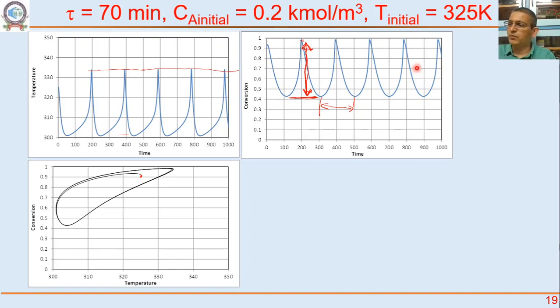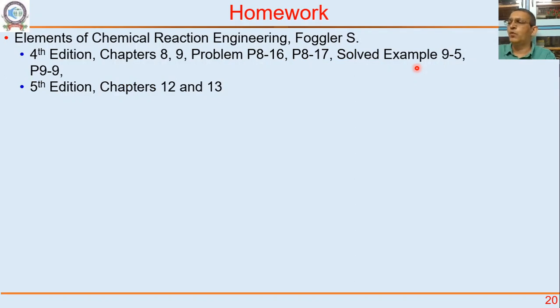That's why this part is called real life reactors. Just to give you some more material to read, some problems. If you read Fogler's book, 4th edition, we are on chapters 8 and 9. You can solve these two problems, problem number 8-16, problem number 8-17. There is also a solved example 9.5 and 9.9.